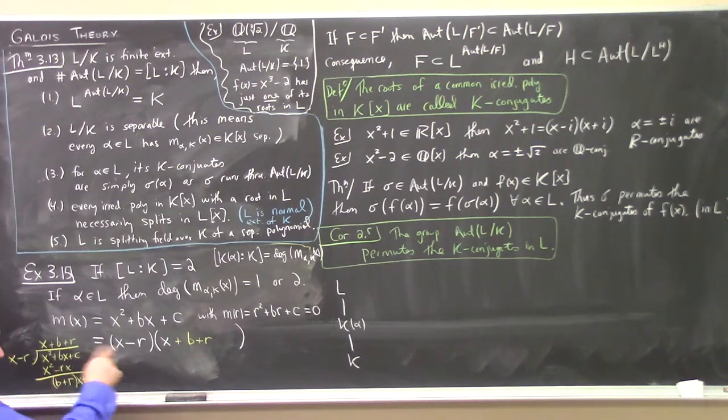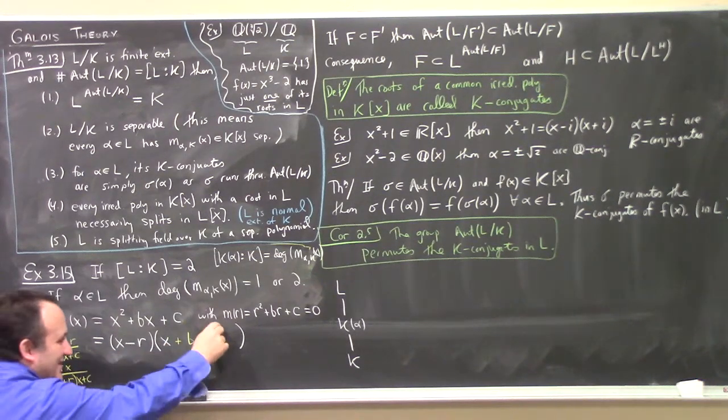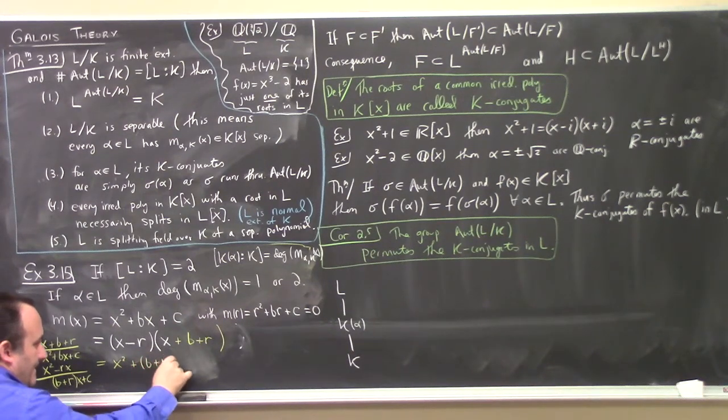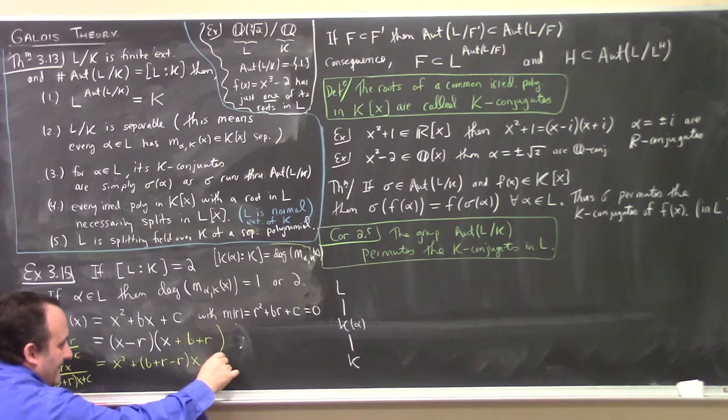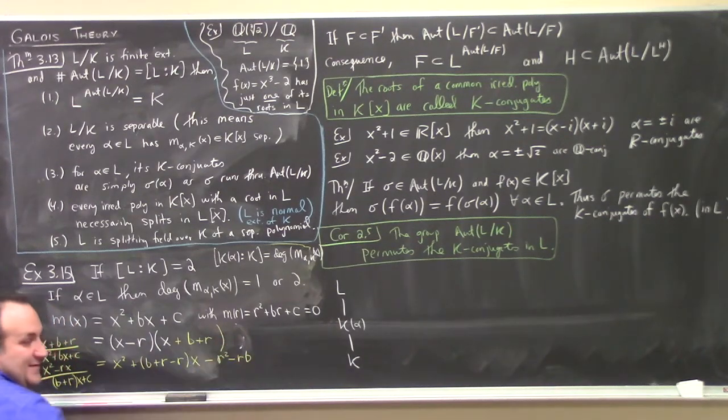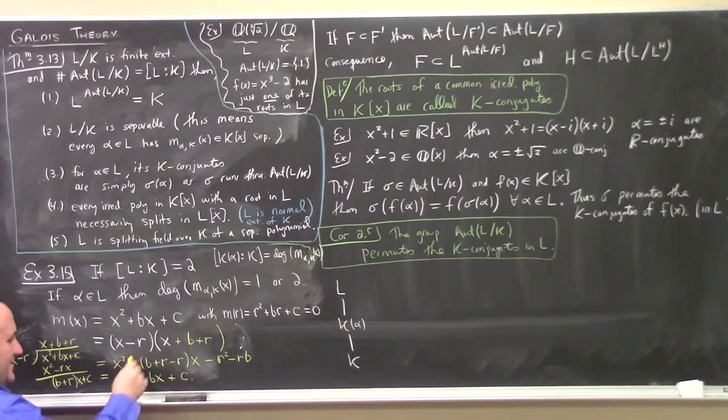Hopefully that works. We better get remainder 0. I've run out of chalkboard, so all we can do is check this now. x squared, then rx minus rx minus rb minus r squared. Minus r squared minus rb, right? But you keep your x squared. Yeah, x squared plus bx, I got you. So, it splits.